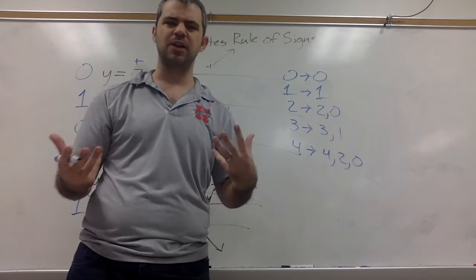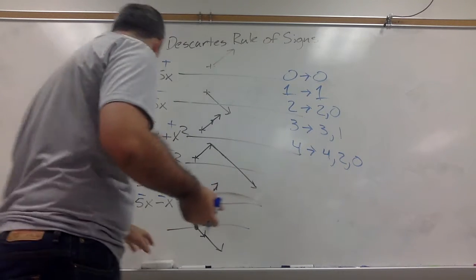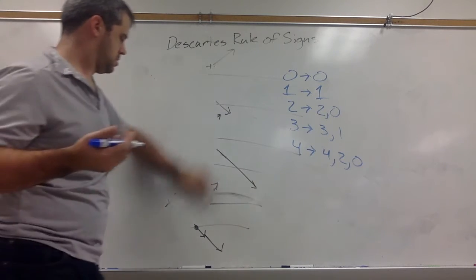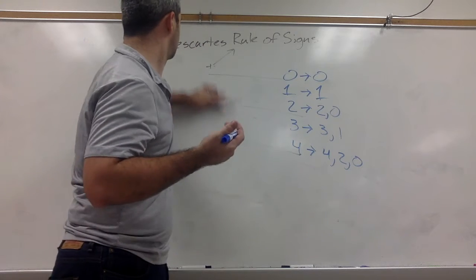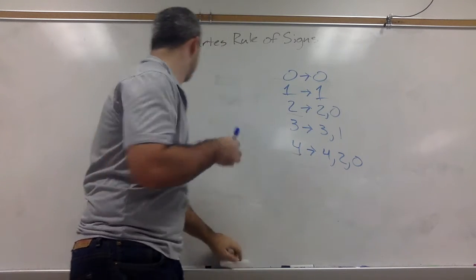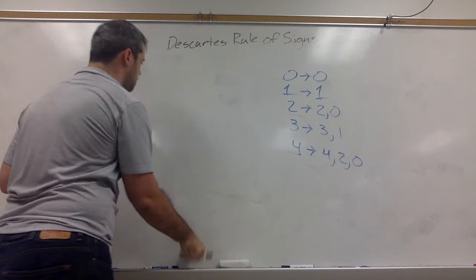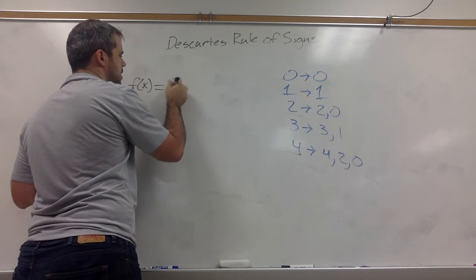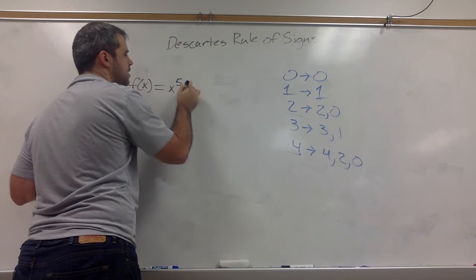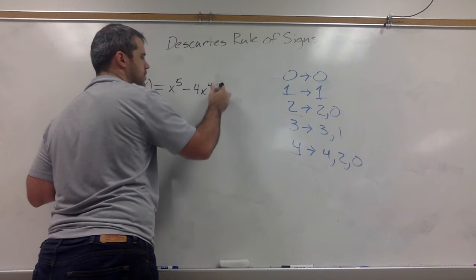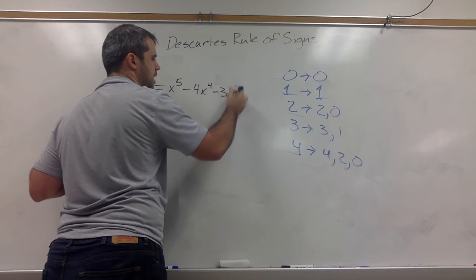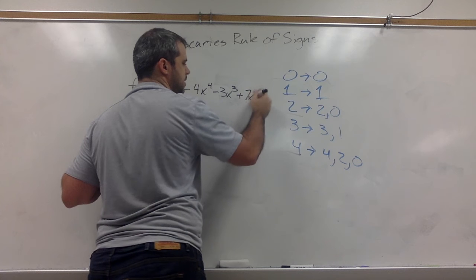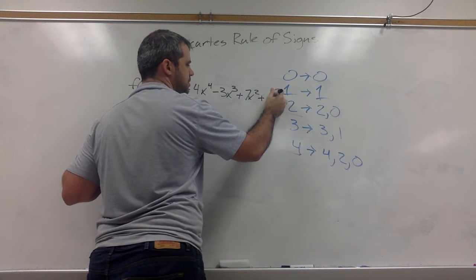Okay, let's take a look at a more complicated one. So f of x equals x to the 5th minus 4x to the 4th minus 3x to the 3rd plus 7x squared plus 5.